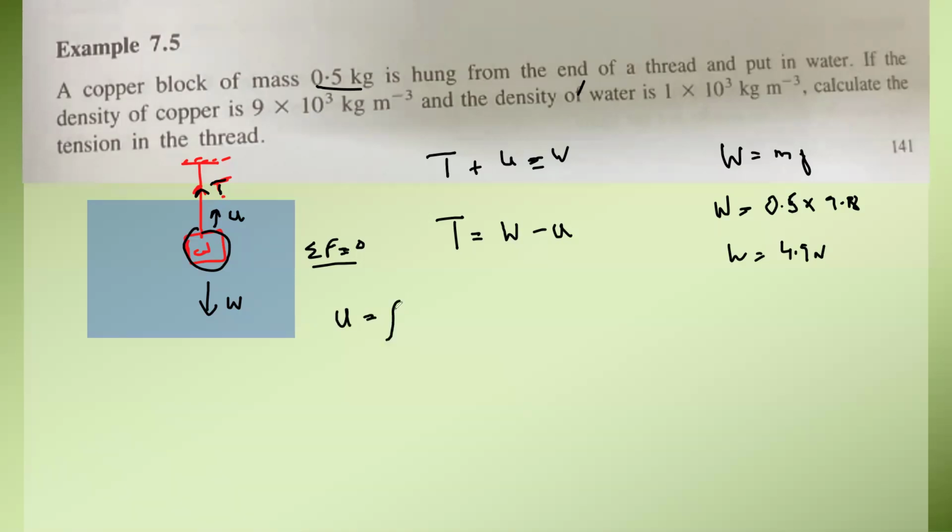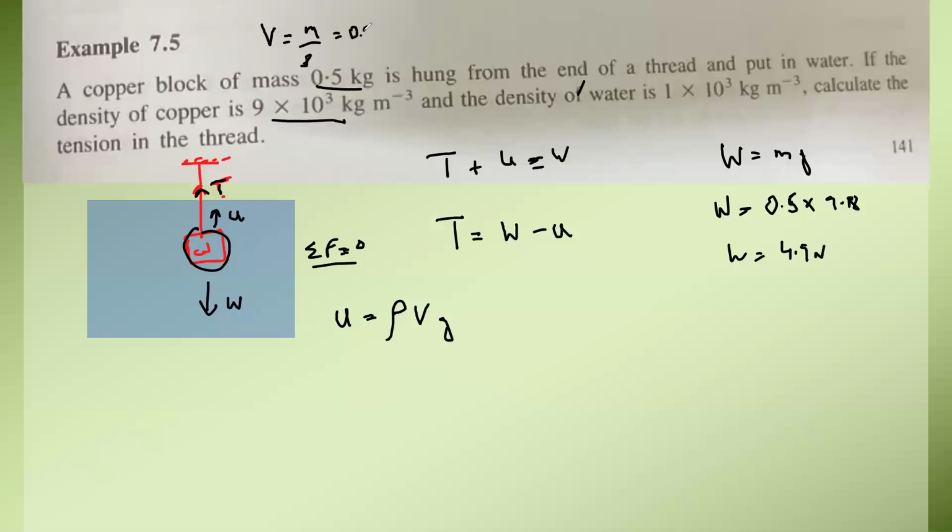Upthrust is the density of the fluid, the volume of the displaced fluid, and gravity. Whenever an object is completely submerged, the volume of displaced fluid is the volume of the object. So how to work out the volume of the object? We have the mass and we have the density. Because density is mass over volume, volume is mass divided by density.